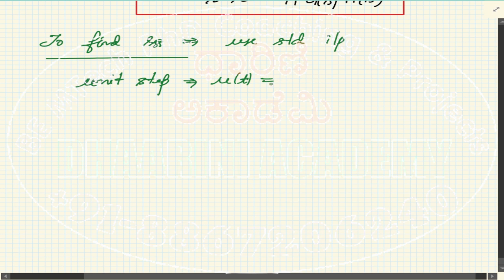What is its Laplace? 1 by s. Then you have the unit ramp, so this should be r of t, correct? It has a Laplace transform 1 by s squared.